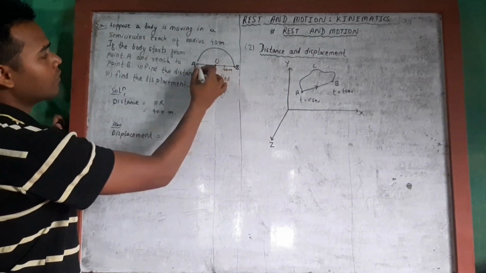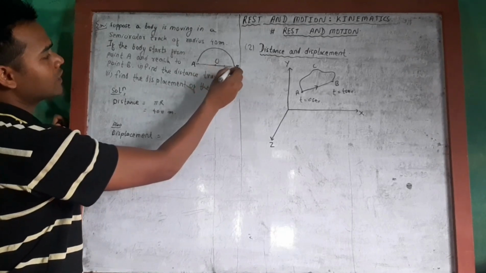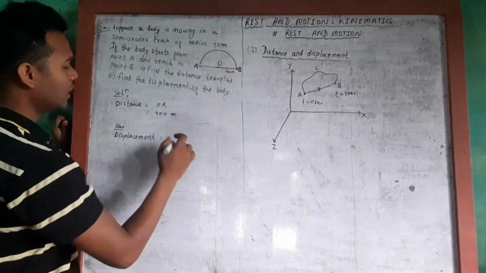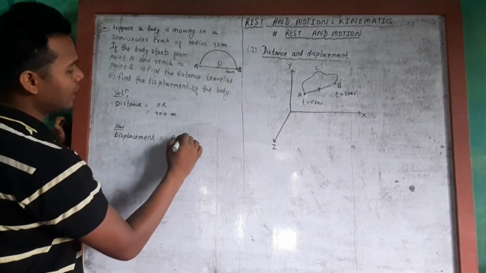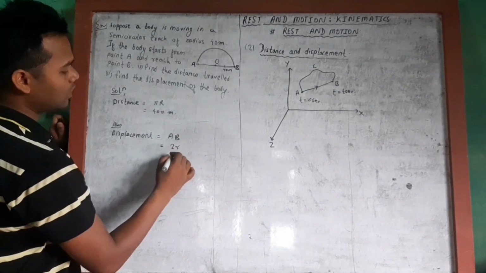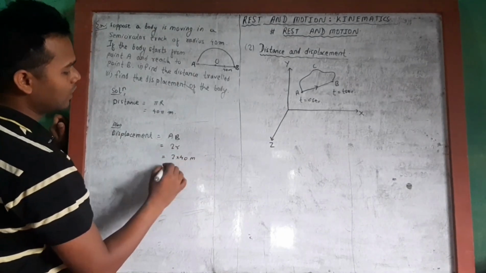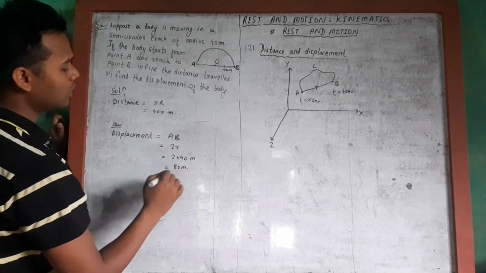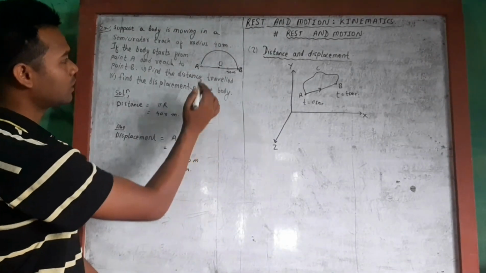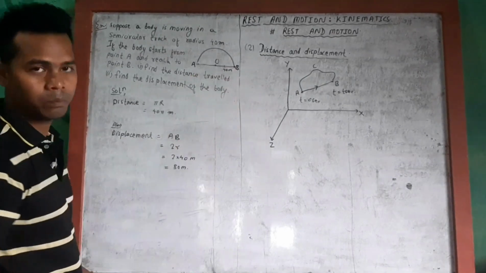The initial and final point is joined by this diameter. The length of the diameter will be the displacement. Therefore diameter here is AB, which gives 2r equals 2 into 40 meter equals 80 meter. Therefore the displacement here is 80 meter and the direction of this displacement is from A to B.